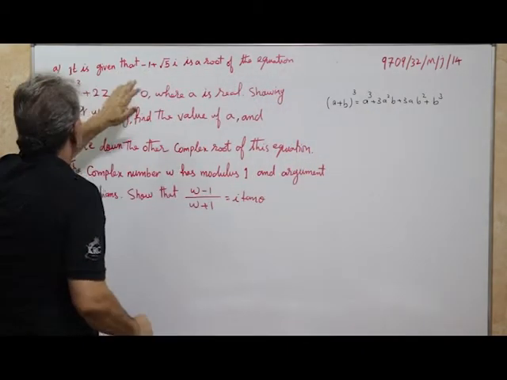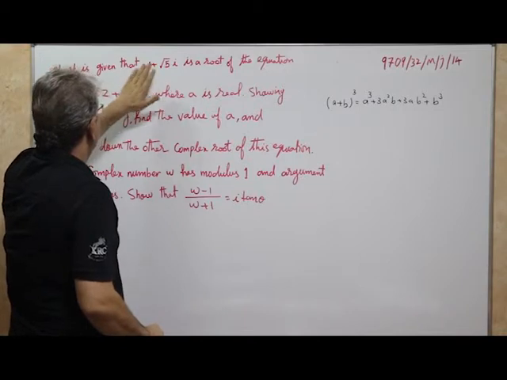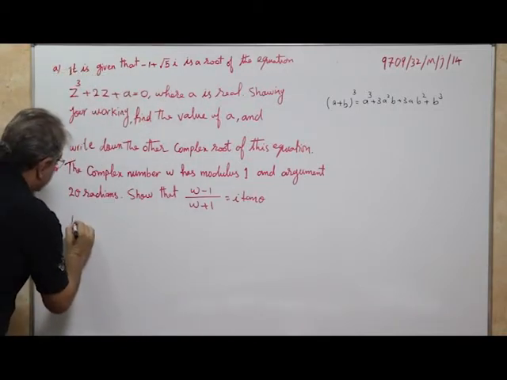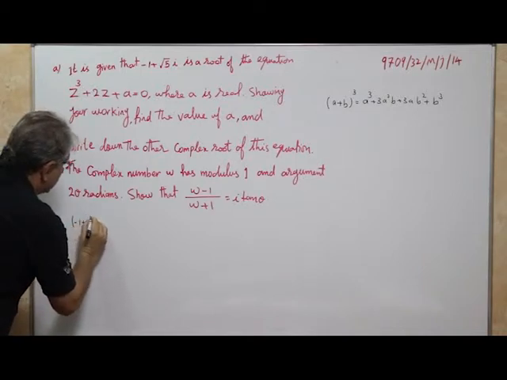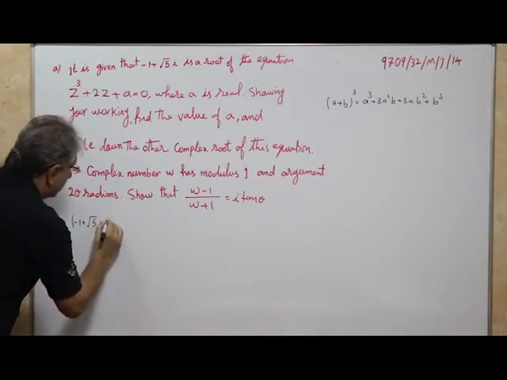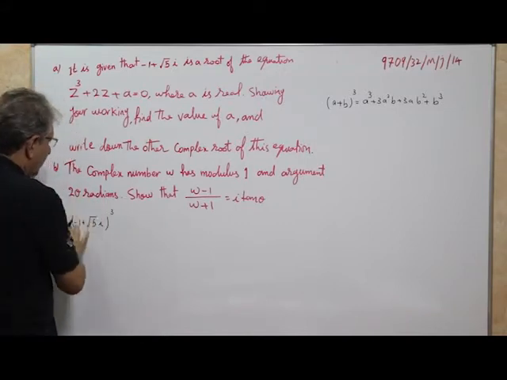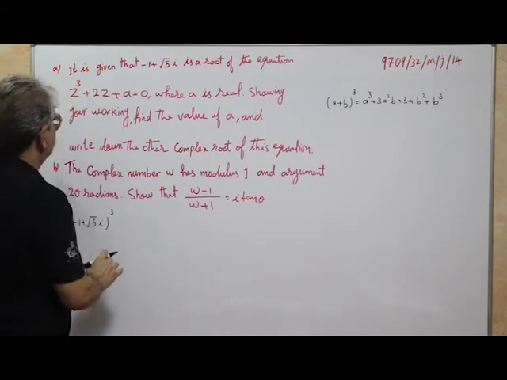Now, if this is one of the roots, it should satisfy this equation, meaning (-1 + square root of 5i) to the power of 3. Let us calculate this, then after that I will substitute here.